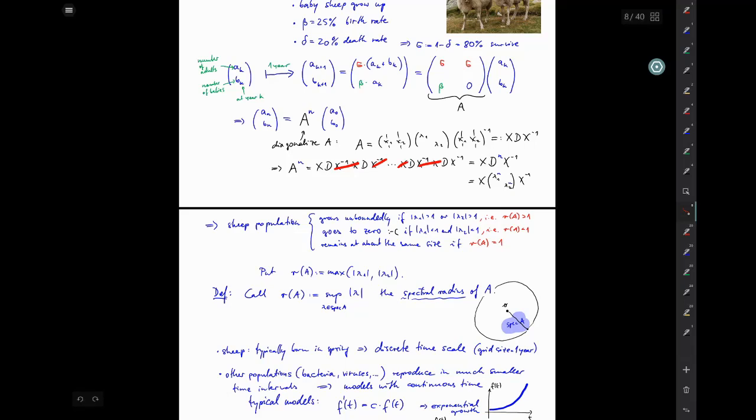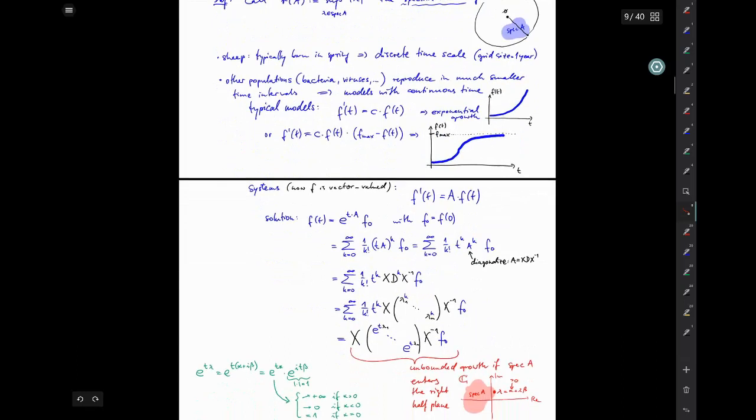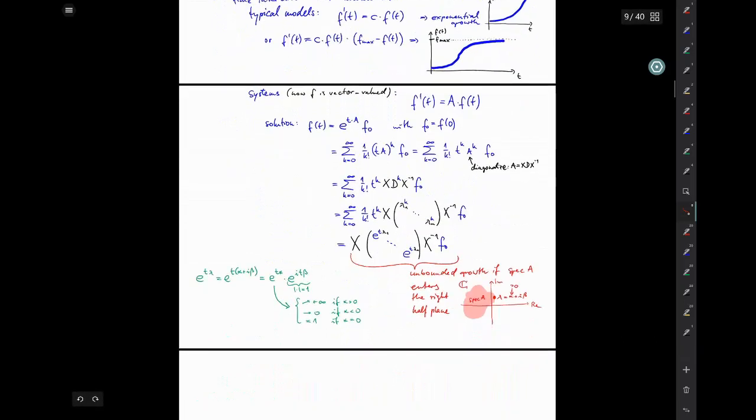So the spectrum should be contained entirely inside the unit circle or unit disk. Whereas for time continuous models like virus or bacteria spreading, you want your population to die out, which means the spectrum should be entirely in the left half plane. Okay.